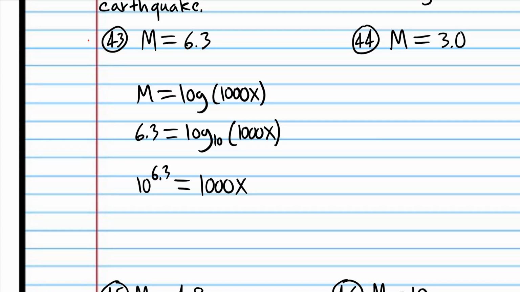So we're going to enter 6.3 in the iPhone, then push the 10 to the X button at the upper middle, and we get 1,995,262, roughly. Divide both sides by 1,000.